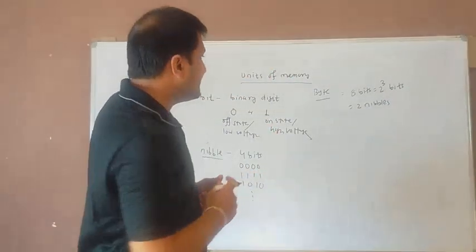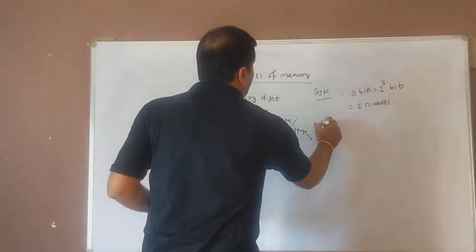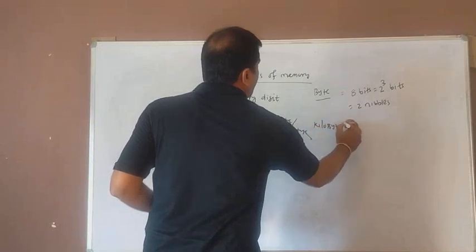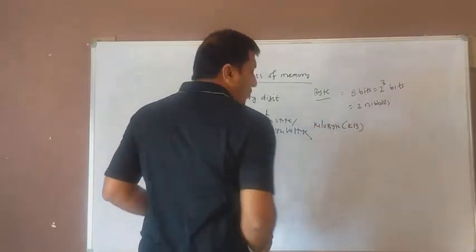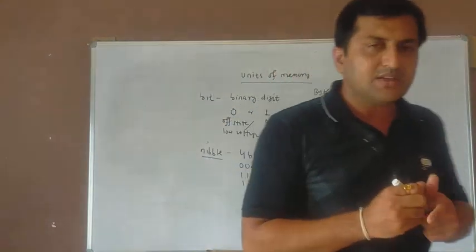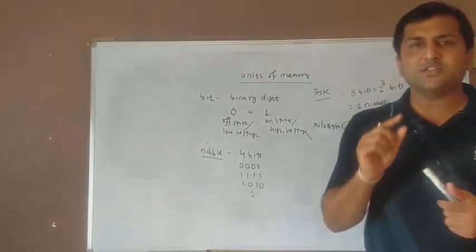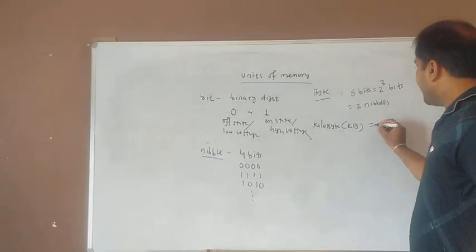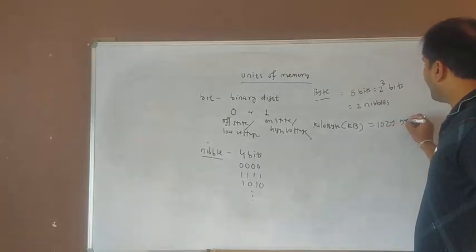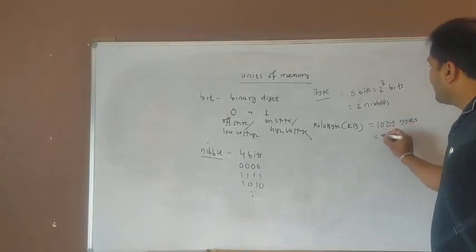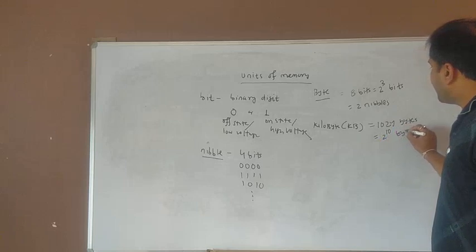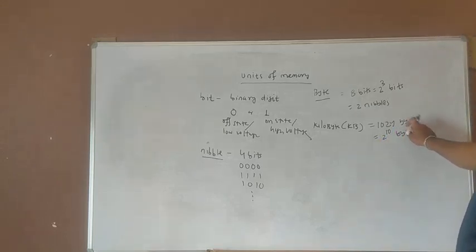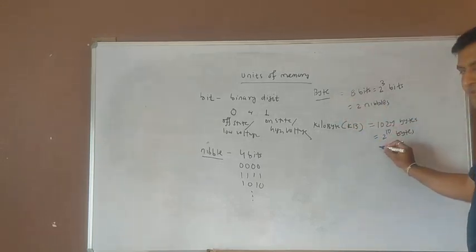The next higher unit is kilobyte. Kilobyte, KB. 1 kilobyte of memory is equal to 1024 bytes. You can say 2 to the power 10 bytes, because 1 byte equals 2 to the power 3 bits.